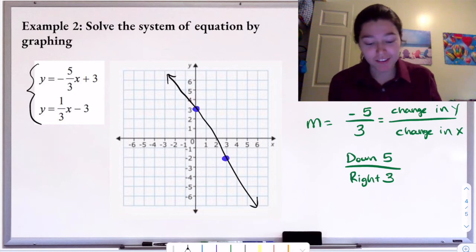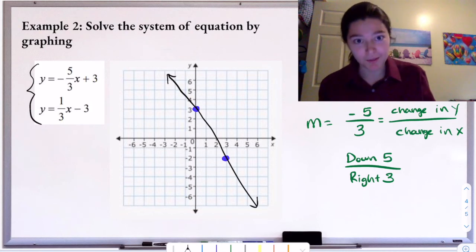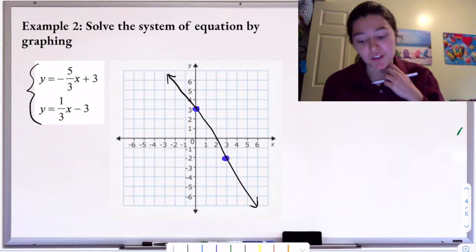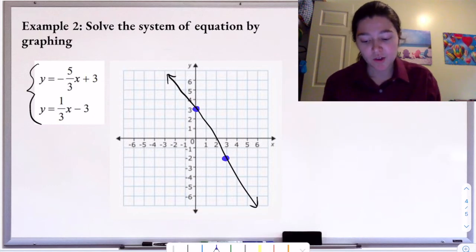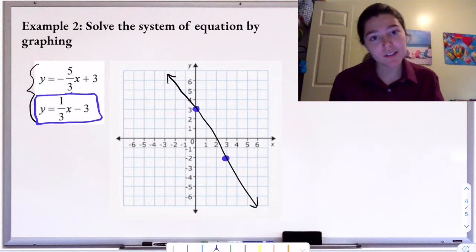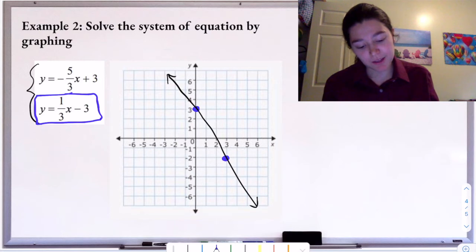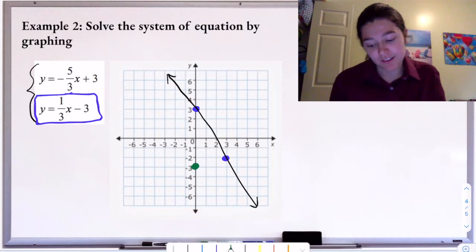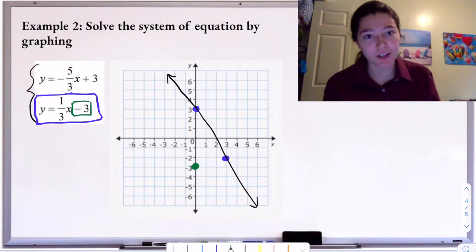Now I have to do the same thing with my second line, and then I'm going to see where the lines intersect. For my second line, I have y equals 1/3 x minus 3. What is the y-intercept for this equation? What is that b? Negative 3. Got to be careful. We know it's negative 3 because it's minus 3.